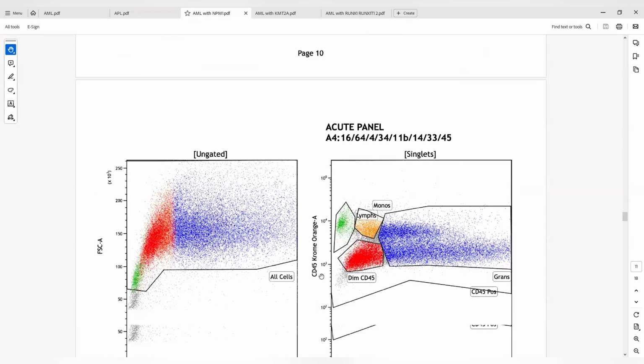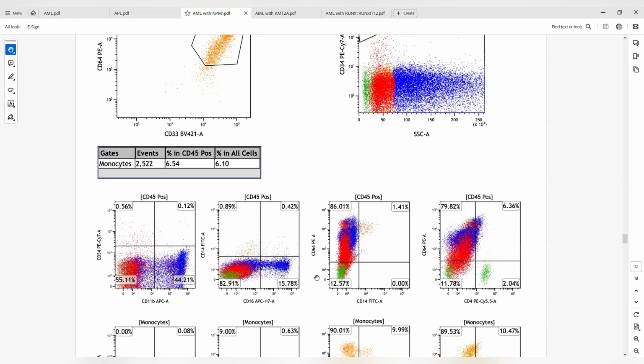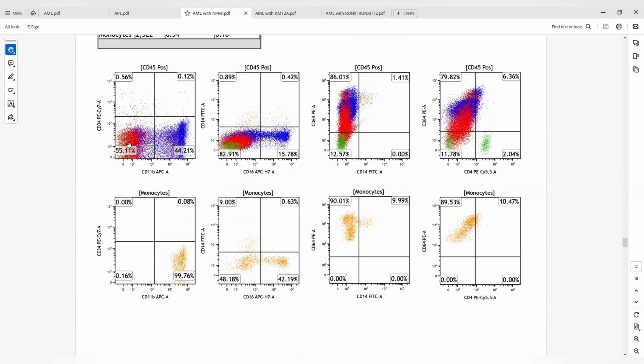Now let's look at our monocytic tube. Our red population here, abnormal population, is negative for CD11b, negative for CD14 because it's below this horizontal line. It's negative for CD16, negative here for CD14 because it's to the left of this vertical line.